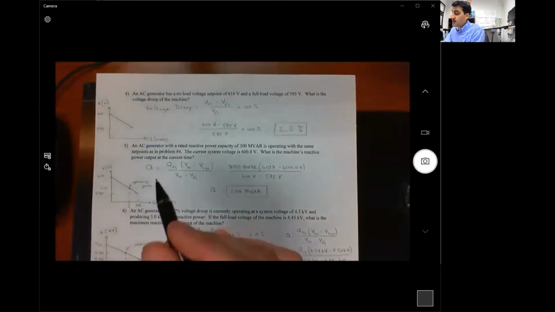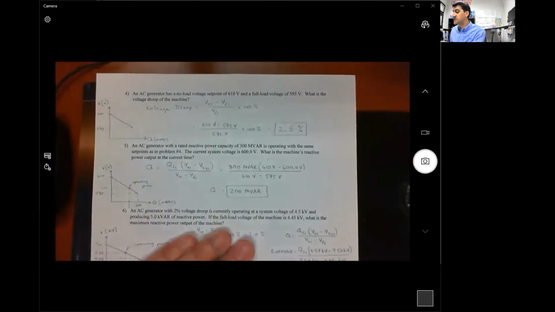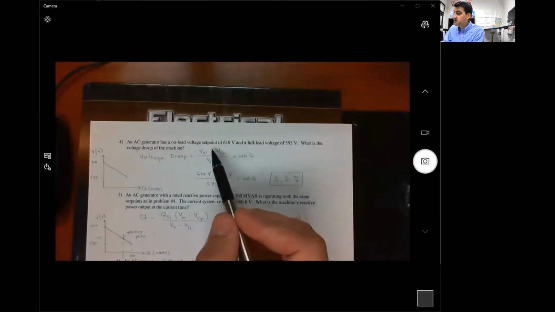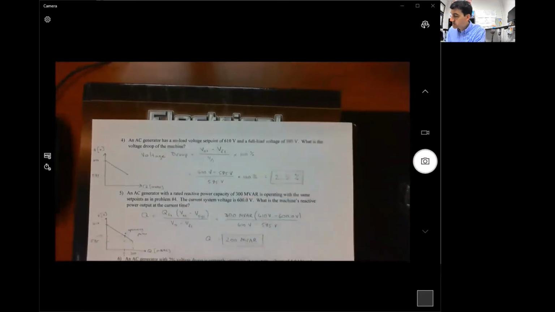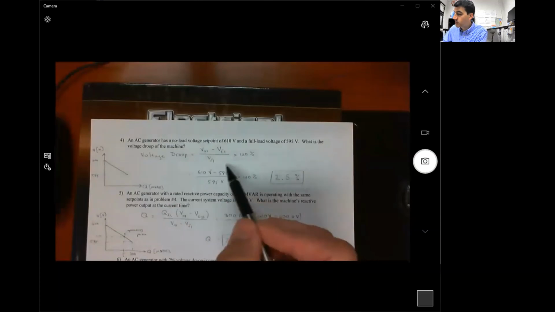But I do have another equation that is relevant to this situation, and that's the voltage droop equation that we used in number 4. I do know the droop because it tells me in number 6 it's 2%. And I do know the full load voltage. So the only unknown in the droop equation is the no load voltage.